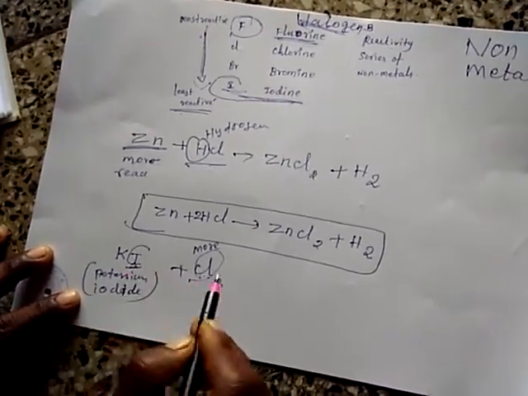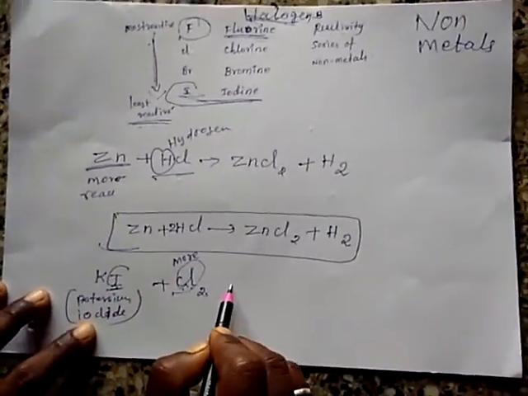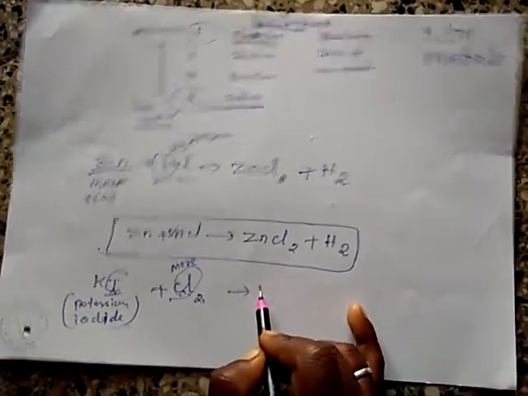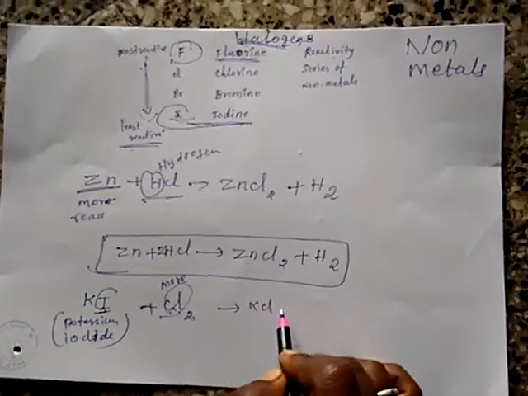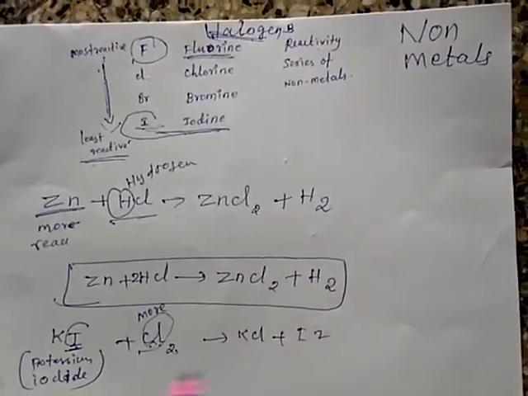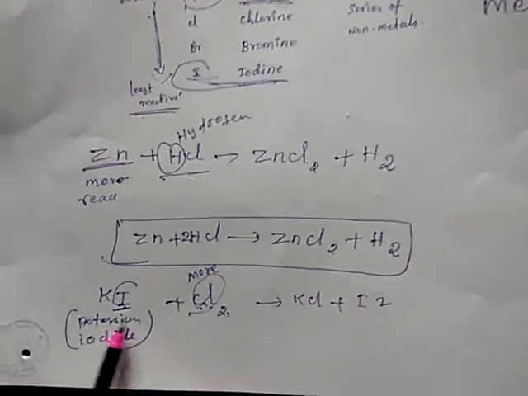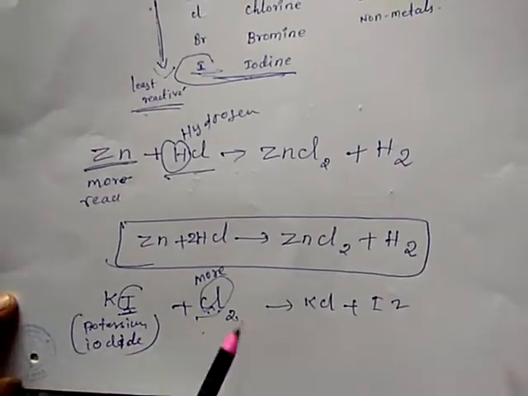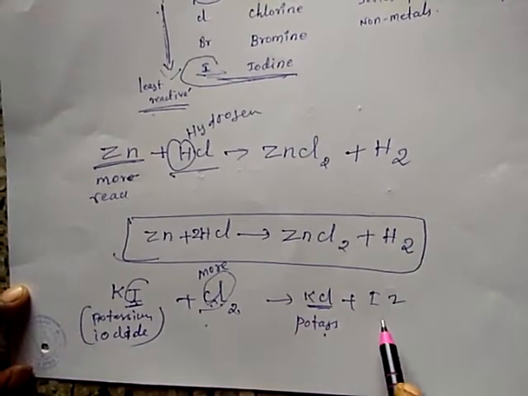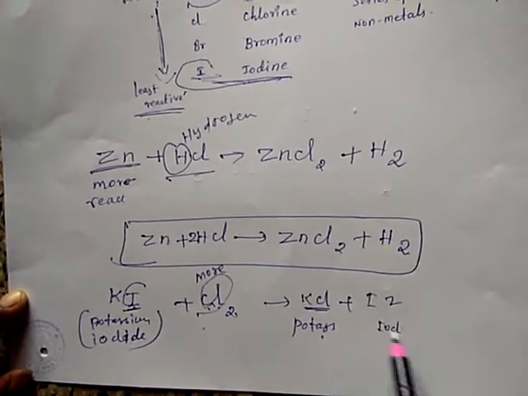So, chlorine can displace iodine from potassium iodide, and we get potassium chloride and iodine.